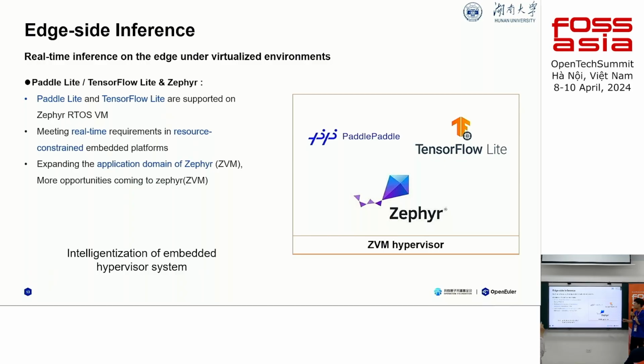And this can meet the real-time requirements in resource-constrained embedded platforms with such embedded hypervisors. With these features, it can expand the application domain of Zephyr, give Zephyr and VMs more opportunities on the edge side, and make the ecosystem better.